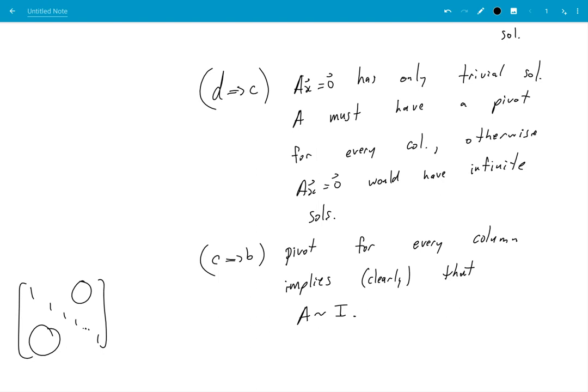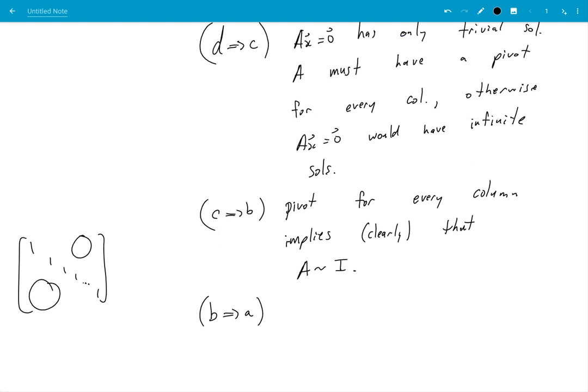Identity. B implies A. This is done before. This is part of a theorem, which theorem? 2.2.